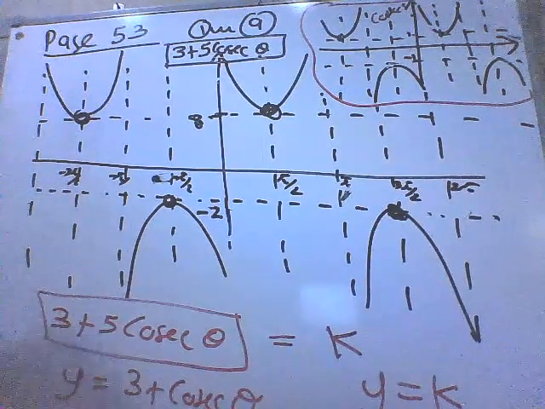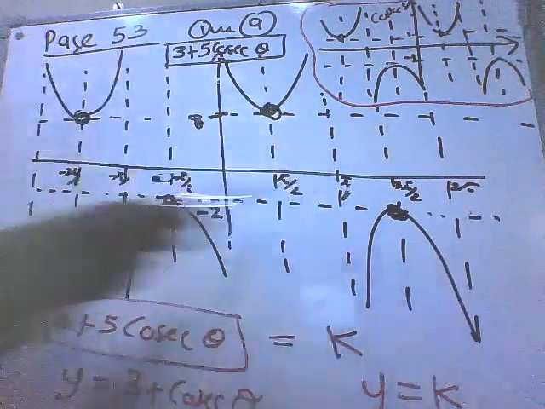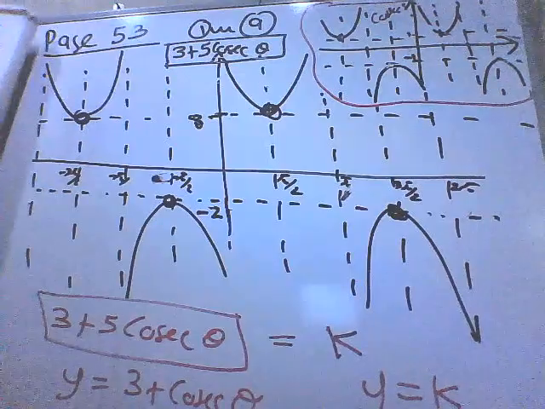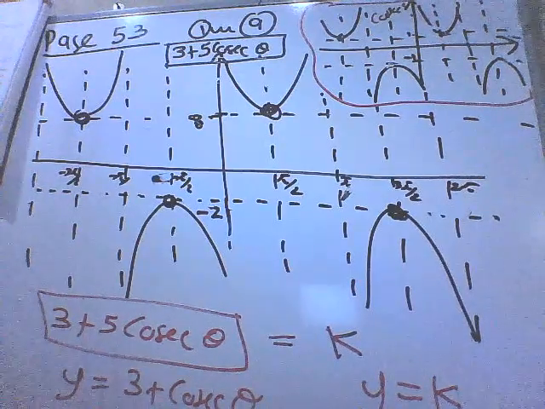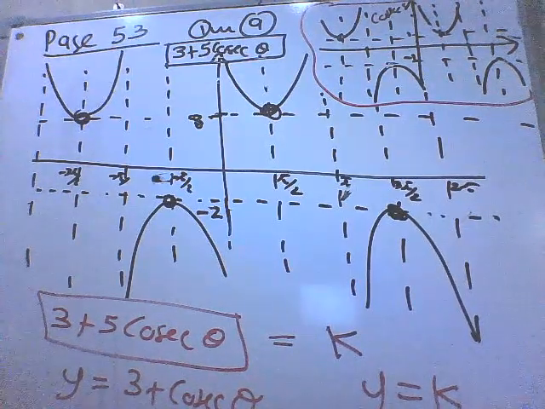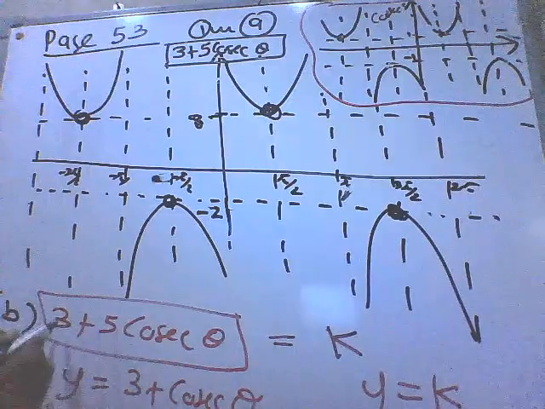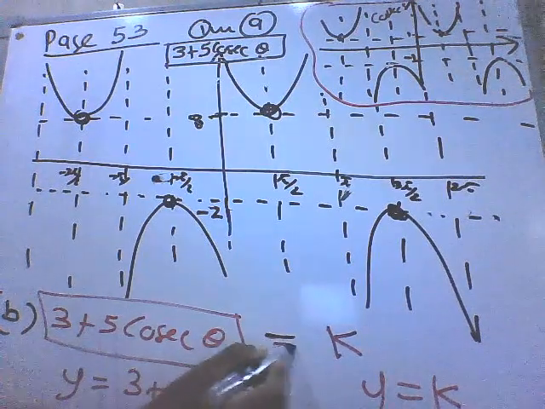Now part A is actually this sketching. Part B they say, this equation: 3 plus 5 cosec theta equals k.